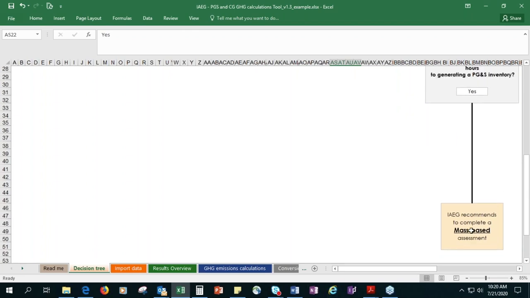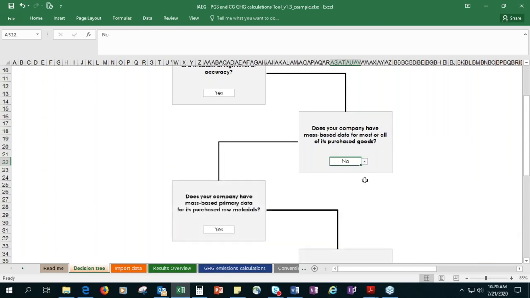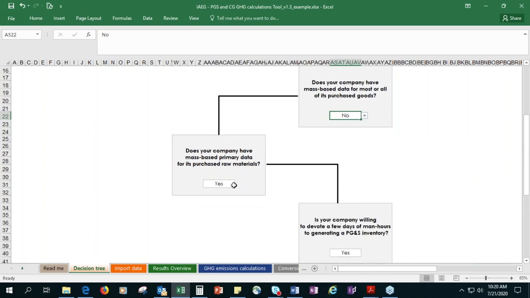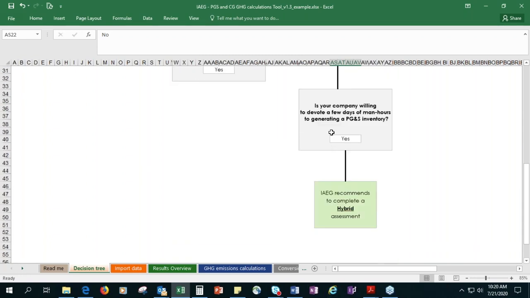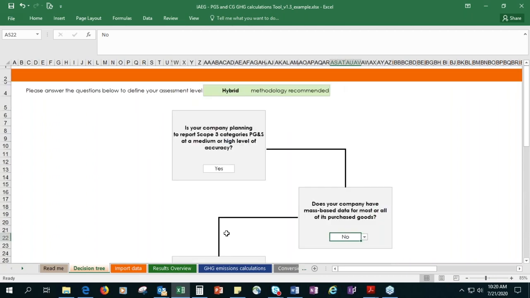That would allow you to complete that more accurate mass-based assessment. Whereas if you do not have mass-based data for most or all of your purchased goods, but you do have that information available for some of those primary raw materials, and you're willing to put in a little bit of extra effort, that's where the hybrid, with mass for some categories and the spend-based methodology for some categories, becomes appropriate. So from there, that's a little bit of guidance.